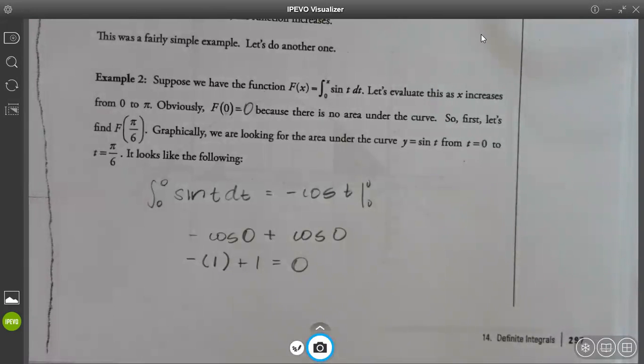So first, let's find f of pi over 6. Graphically, we're looking for the area under the curve. We're doing this on the next page.